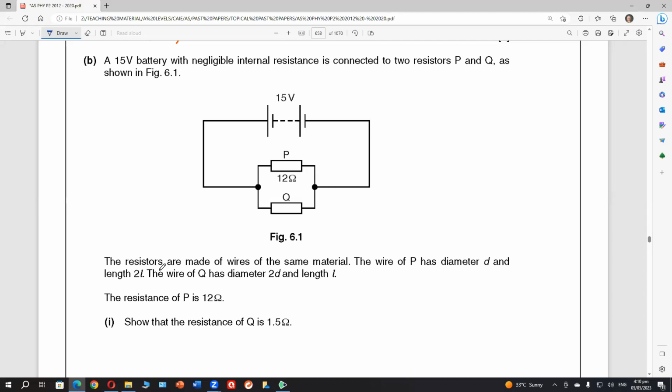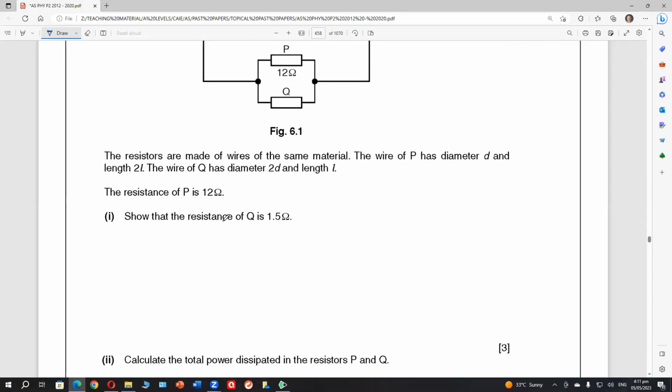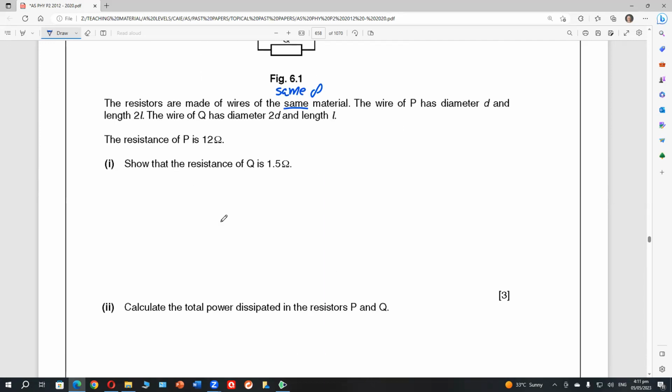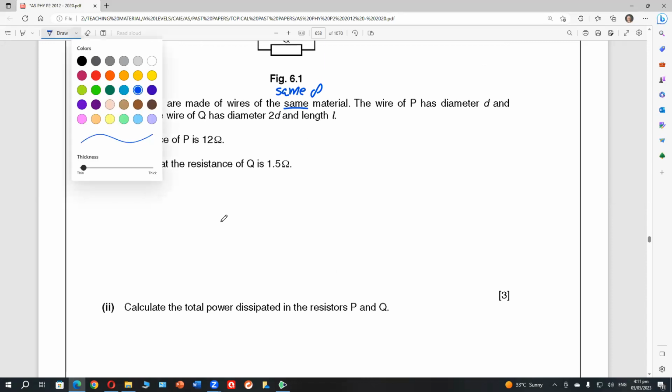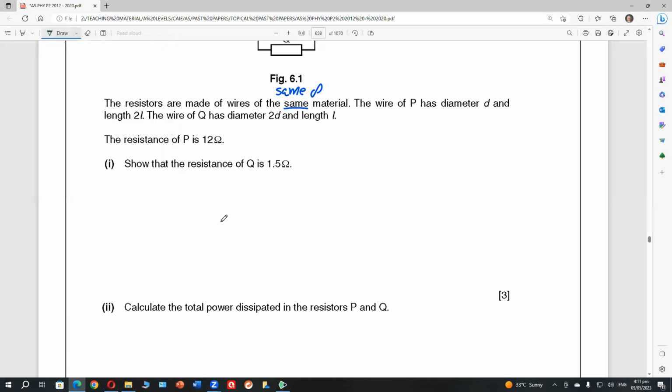Now, it's same material, right? The main thing is the same material. What is this rho standing here? Resistivity.